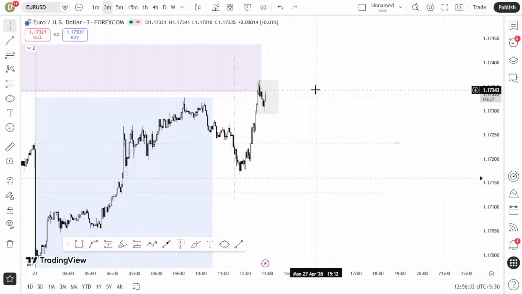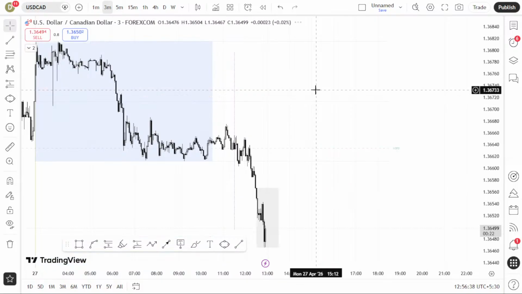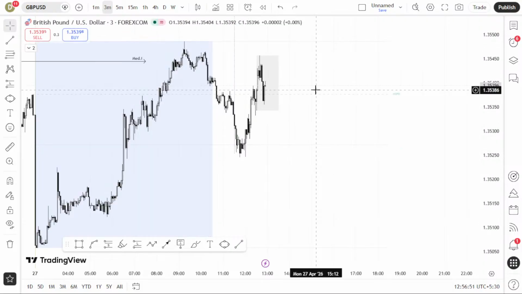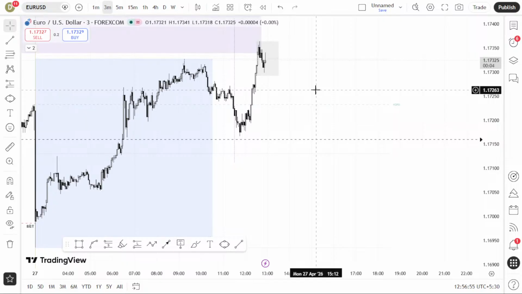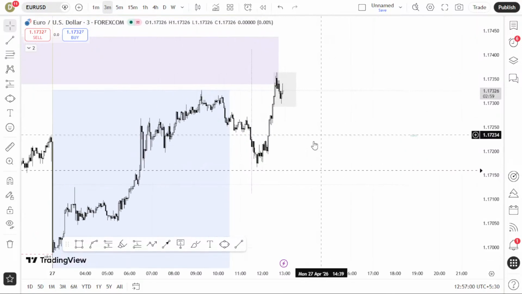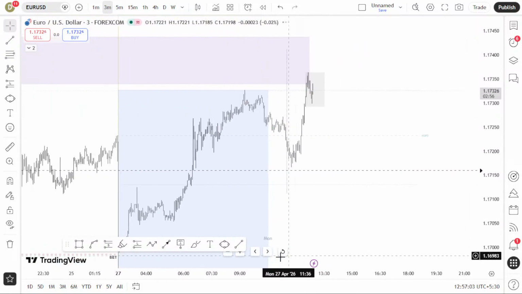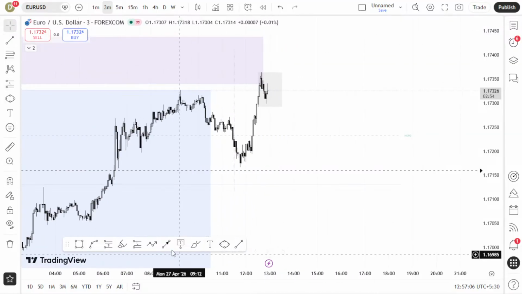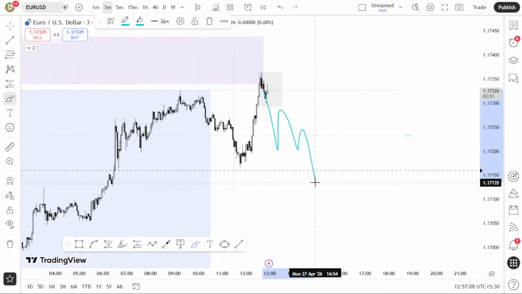So, guys, as of this session, I think USD CAD is done. So much movement has already happened. I don't think we should look for any trades this session. GBP, we are not going to trade GBP. Euro is something we could look at, but even that has given a lot of bullish move to the upside that we wouldn't be looking to buy off the retracement.